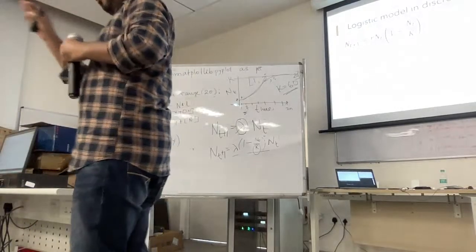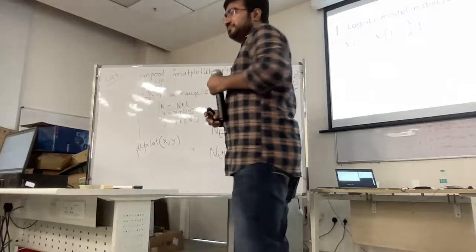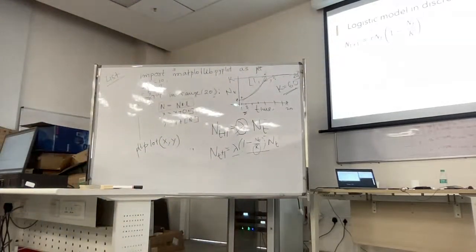Okay, don't do 4, but 3.8. A lot more fluctuations as we are increasing the R value, this lambda value, isn't it? And eventually you will reach a zone very close to 4 where there is almost no pattern. It's like fluctuating randomly.